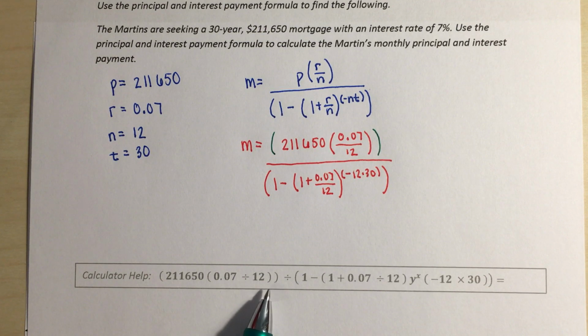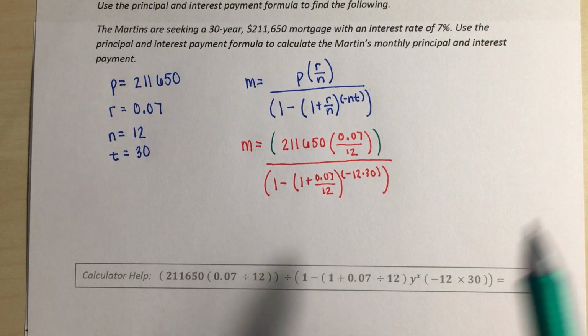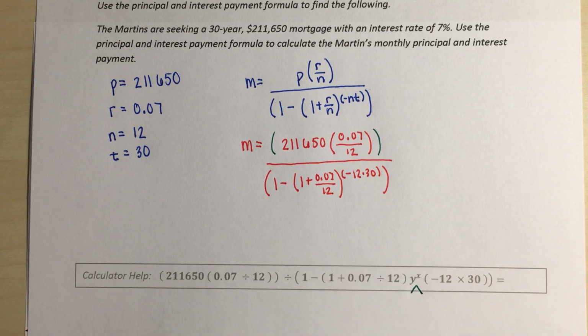Close that off. We have the two parentheses right next to each other, so that we have our entire numerator in parentheses. Then we start our parentheses for our denominator and follow it through. We have our y to the x button, which can also be our caret button or our exponent button.